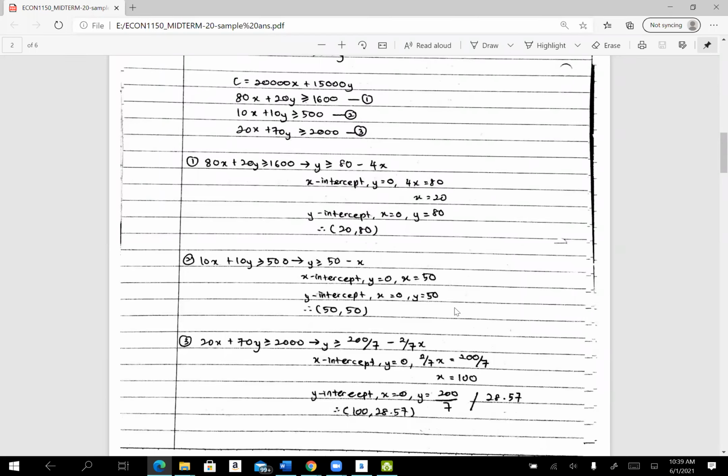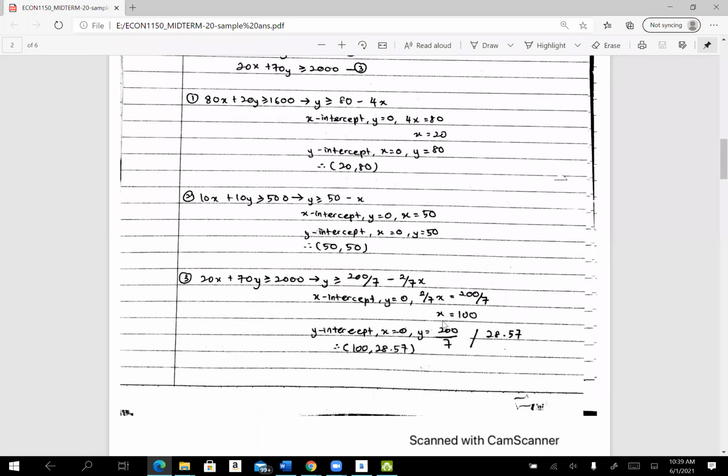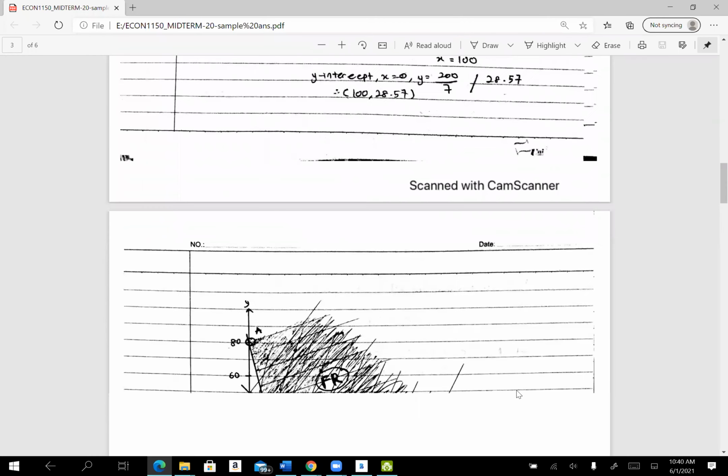And then for the last one, you will get 100, 0, and then the y-intercept 0, 28.57. Okay, all right. So given those intercepts, you draw the graph.